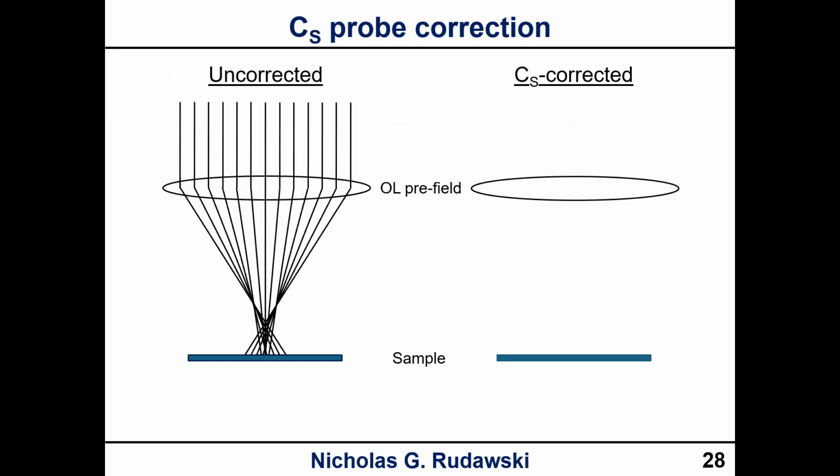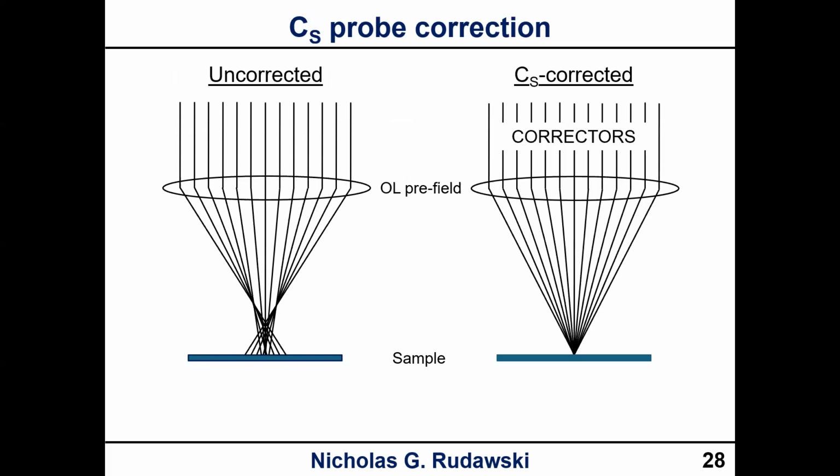So anyways, we have an uncorrected system, right? I showed you this before. The rays that are traveling farther away from the optic axis, they're bent excessively, they're over-focused more. We have the beam waist, or the plane of least confusion. So if we add in correctors in the illumination system before the pre-field, okay, what we end up with is, right, out to some distance from the optic axis. And now we can't go as far as we like.